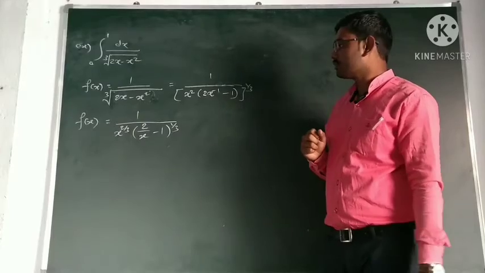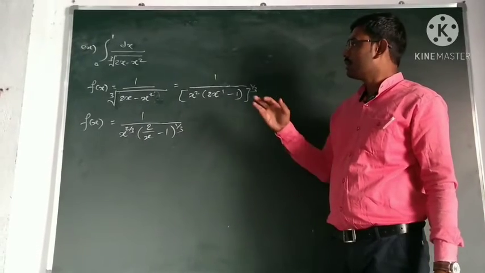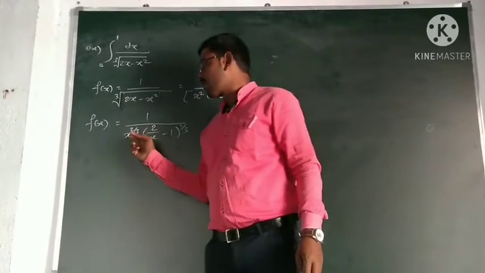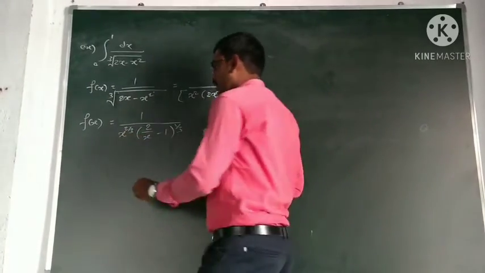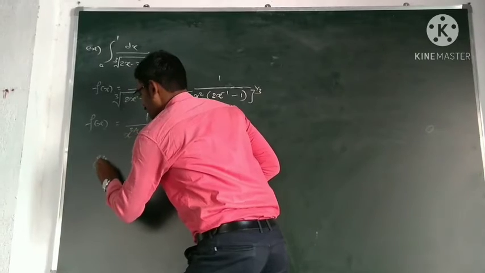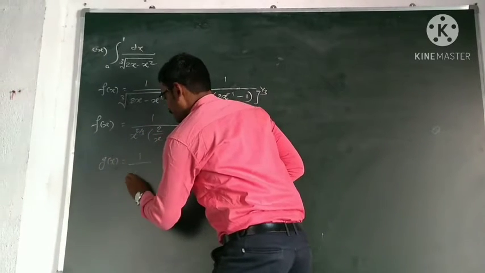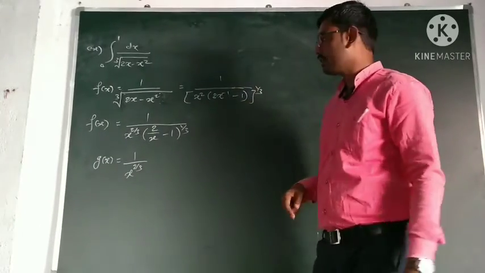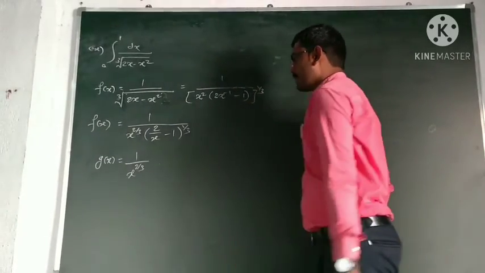Now we know x equal to 0 is our singular point, and this front part we take as g of x equal to 1 upon x to the power 2 by 3. So this is our f of x, and this is our g of x.